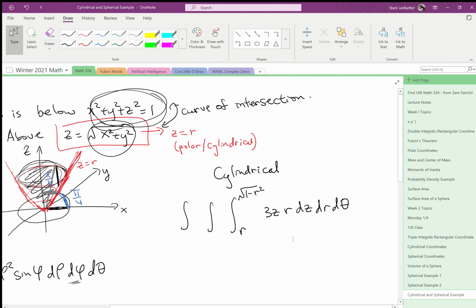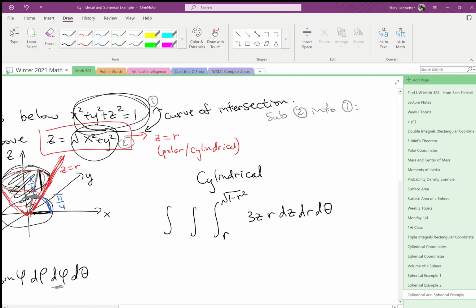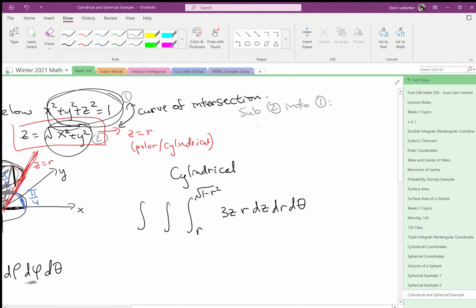So the way to do that is to do something algebraic. If I have, let me call that equation 1, equation 2, and I'm just going to sub 2 into 1. If we combine them somehow algebraically, we should get something that satisfies both. So I get x squared plus y squared plus z squared, with z squared being x squared plus y squared, equals 1.